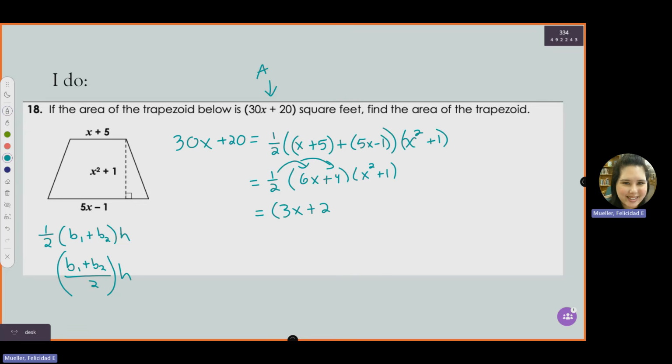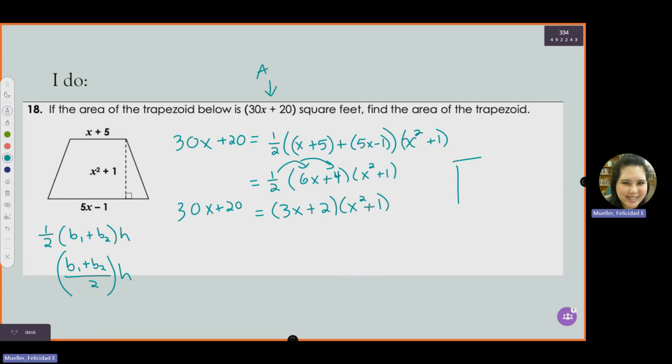Let's make this actually look like a 4. Which gives us much smaller things to deal with. But this is going to be equal to 30x plus 20. So we're going to go ahead and multiply this set here.